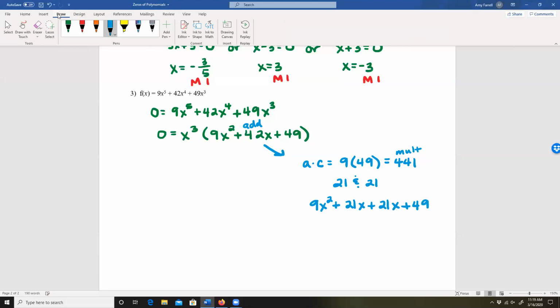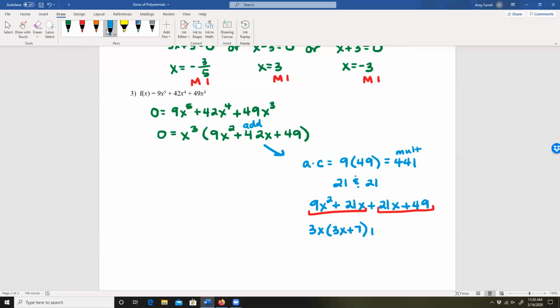And then I factor by grouping, just as I did in the previous question. So in group 1, I have a GCF of 3x, and I'm left then with 3x plus 7.